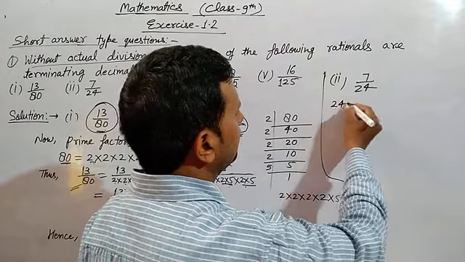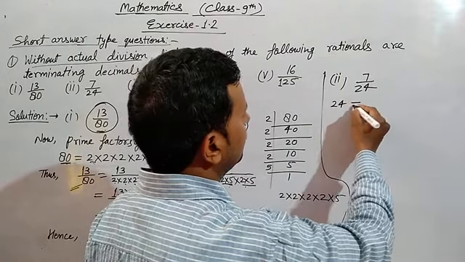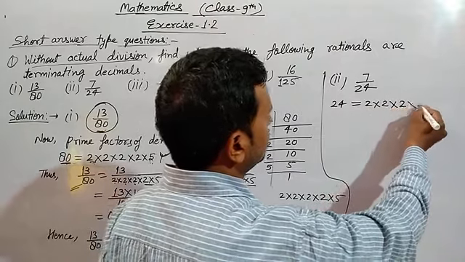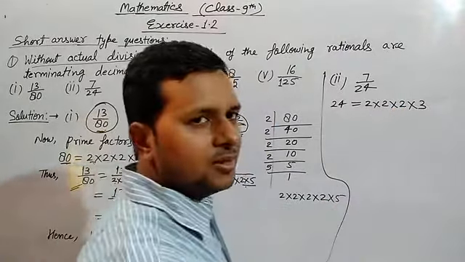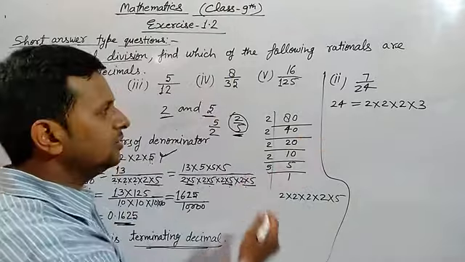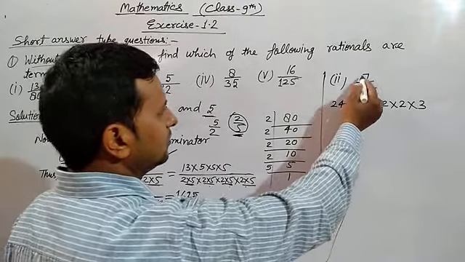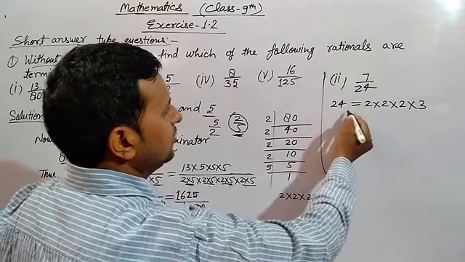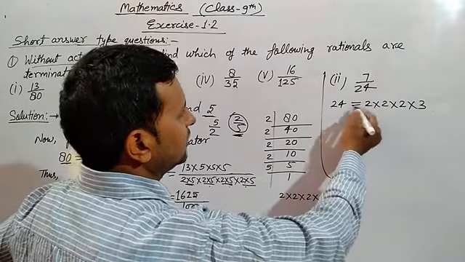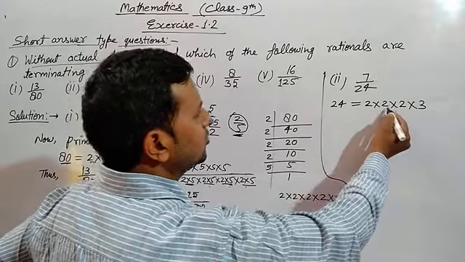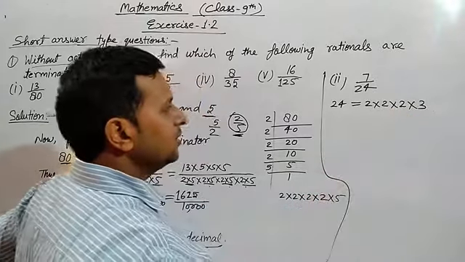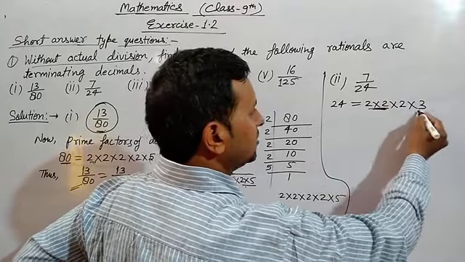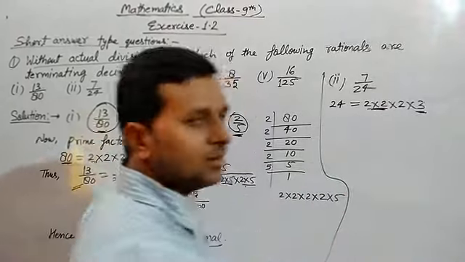Denominator means 24. The factors of 24 are 2 twos are 4, 2 fours are 8, 3 eights are 24. You can see here the denominator of the fraction 7 upon 24, we factorize it, the prime factorization of 24 is 2 into 2 into 2 into 3. So we can say here that 2 is given, but 3 is also given here.